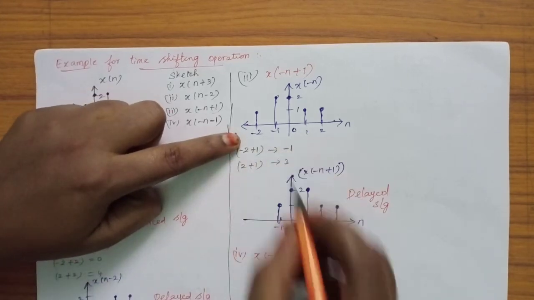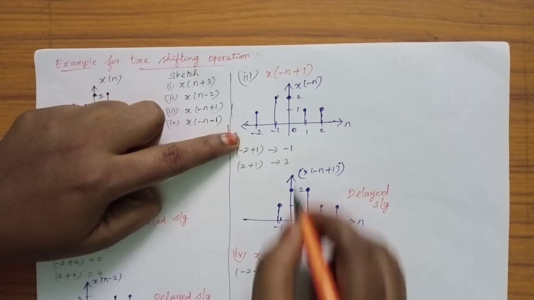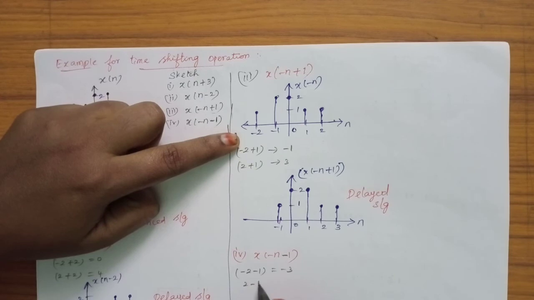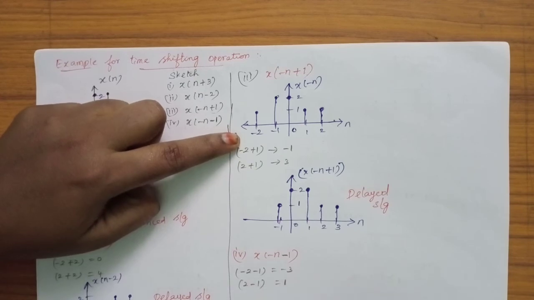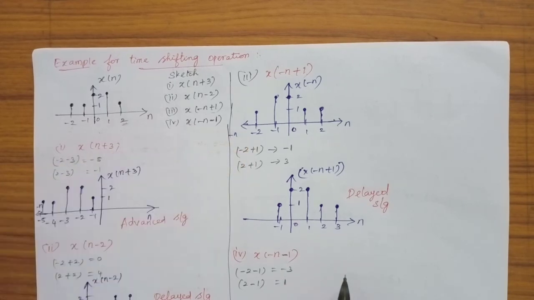So minus 2 minus 1 is minus 3, and the last limit 2 minus 1 is 1. So the new signal limits are from minus 3 to plus 1.